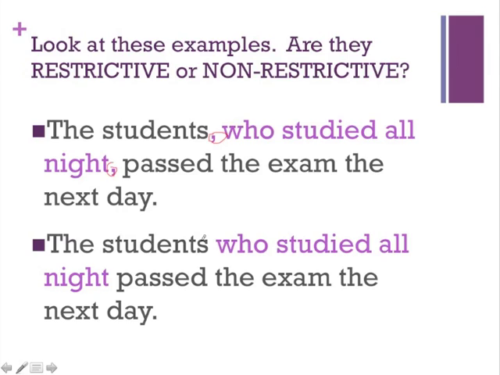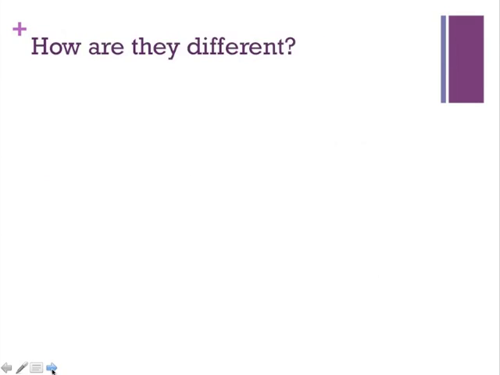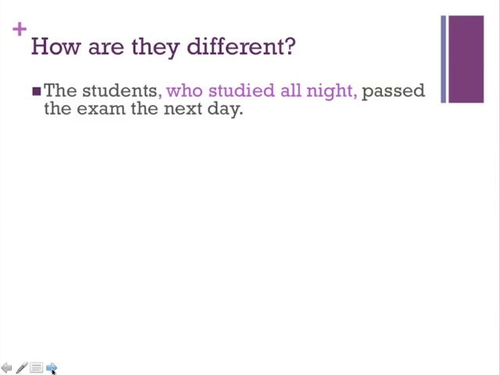In the second example, no commas. So hopefully by now you've recognized that the first example would be considered not restrictive, and the second example would be. Now the question, of course, is, if both of these sentences could be possible, then how do they differ in meaning? Well, let's look at the next screen and figure out how exactly they are different.